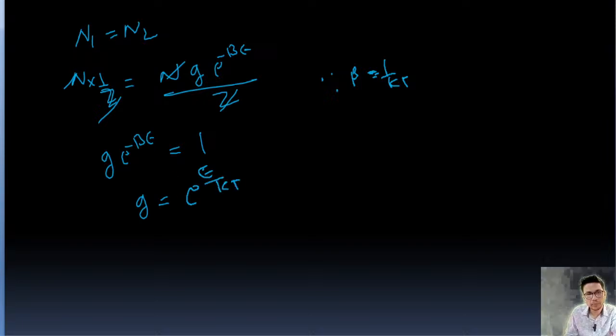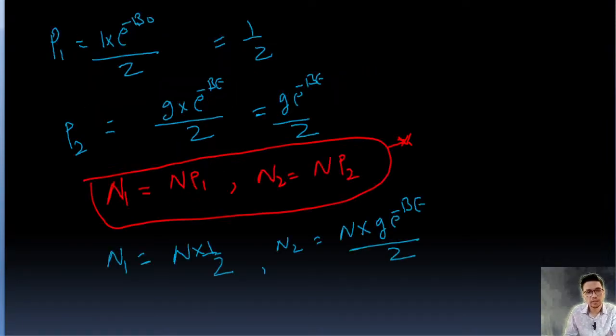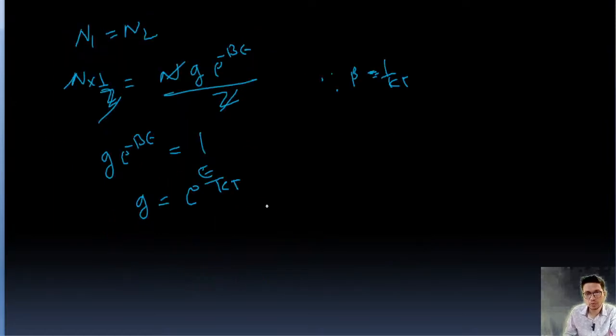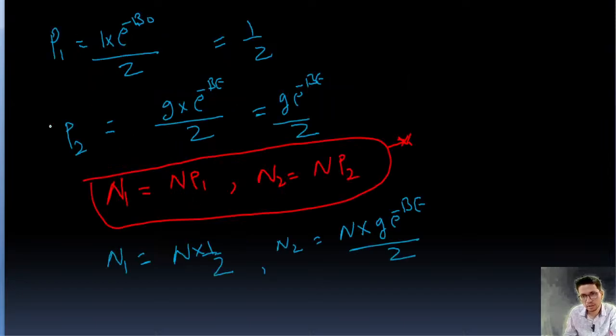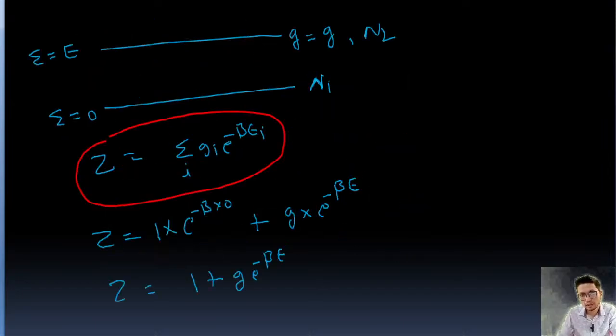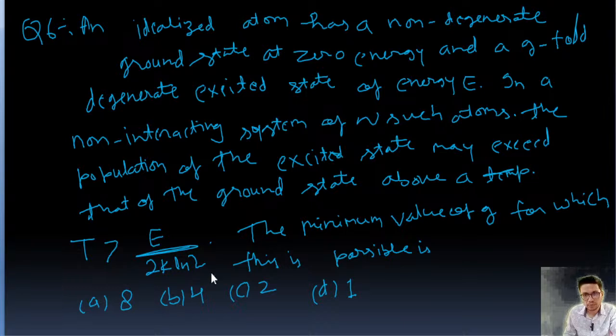Now, the temperature value we will put in: for the minimum value of g, N1 is going to be equal to N2. So this is going to be e to the power epsilon upon kT. T value is this given one, we'll put T equal to epsilon upon 2k ln 2.